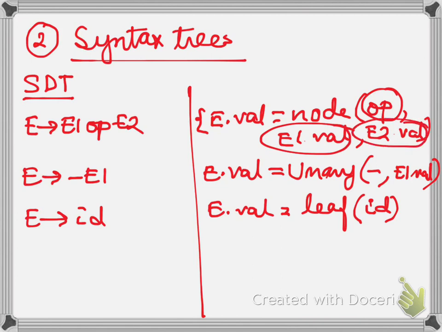In case of unary, I have this as the parent and only one child, and here this means make a leaf node. So if I have an expression like minus 2 plus 3, the first one is minus, which is an operator, then 2 is an ID, so make leaf ID.